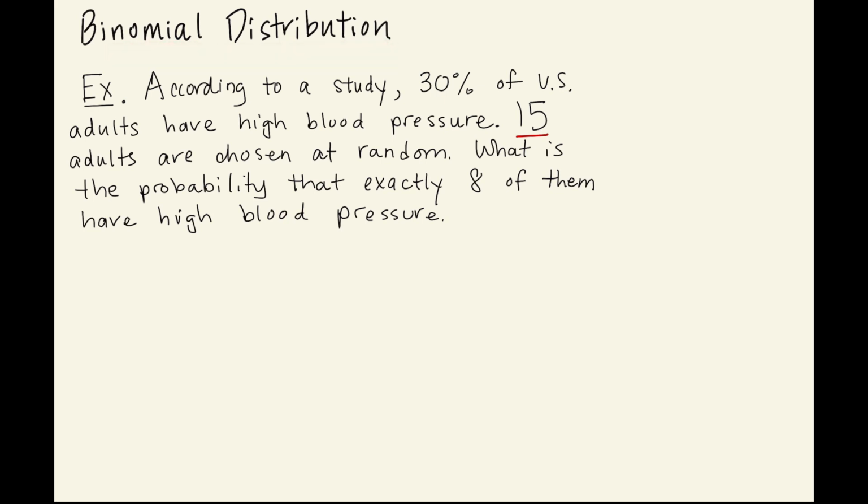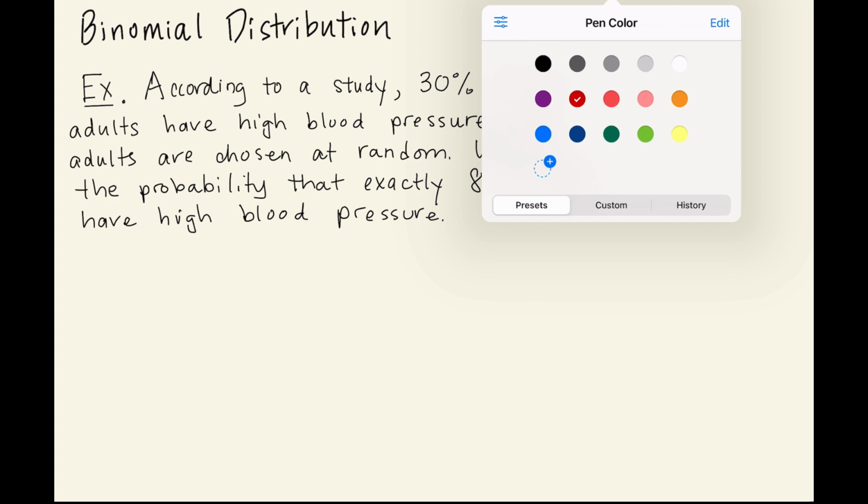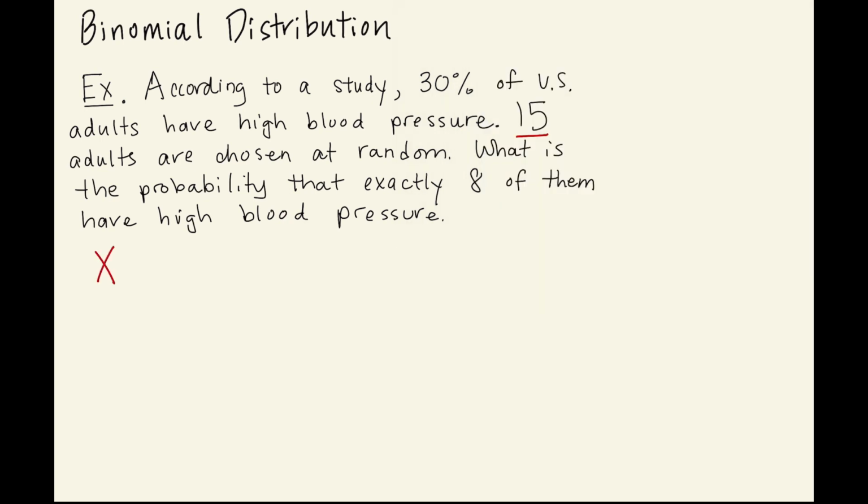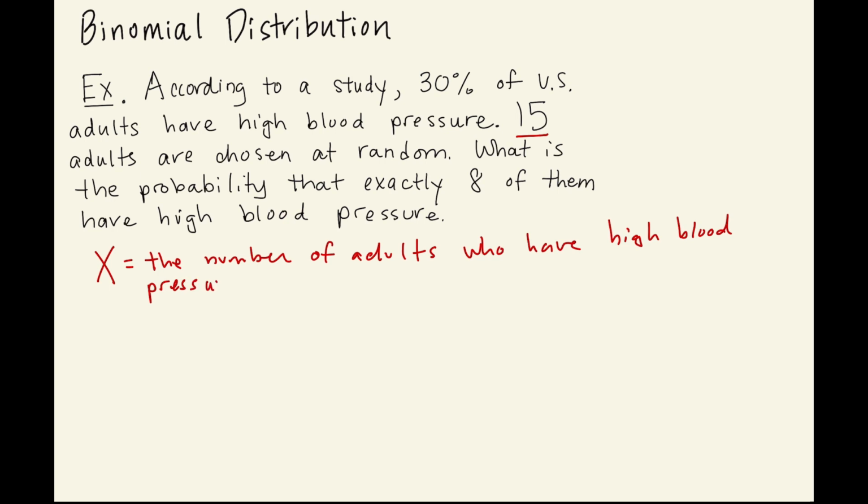And in this case, X is equal to the number of adults who have high blood pressure out of the 15 that we randomly selected.